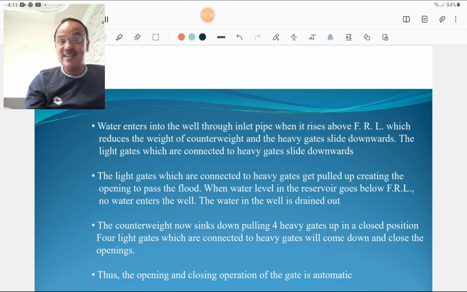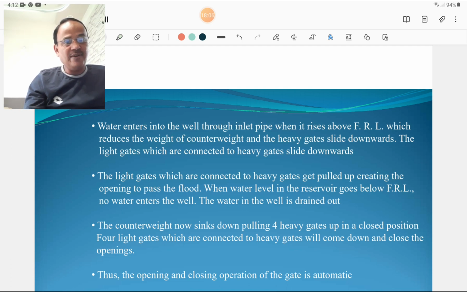For that spillway the gates are provided, and the weight of the counterweight is reduced, the heavy gates slide downward, and the light gates which are connected to the heavy gates are pulled up, creating an opening to pass the flood. Means when water rises above the FRL, these gates slide downwards.